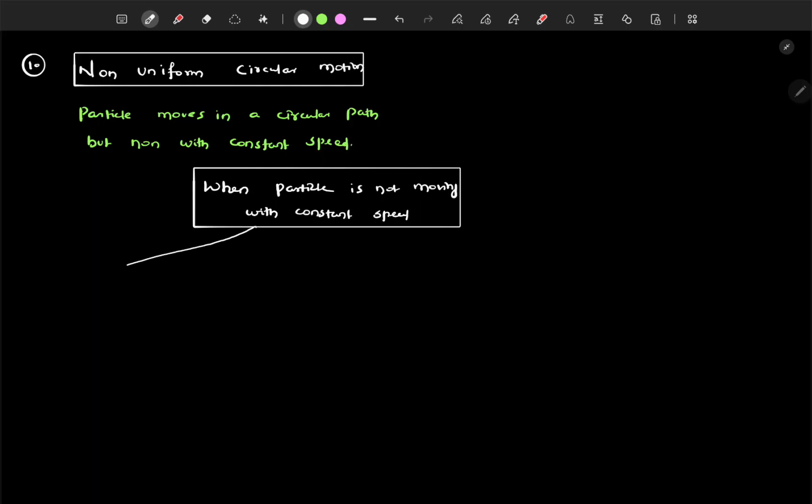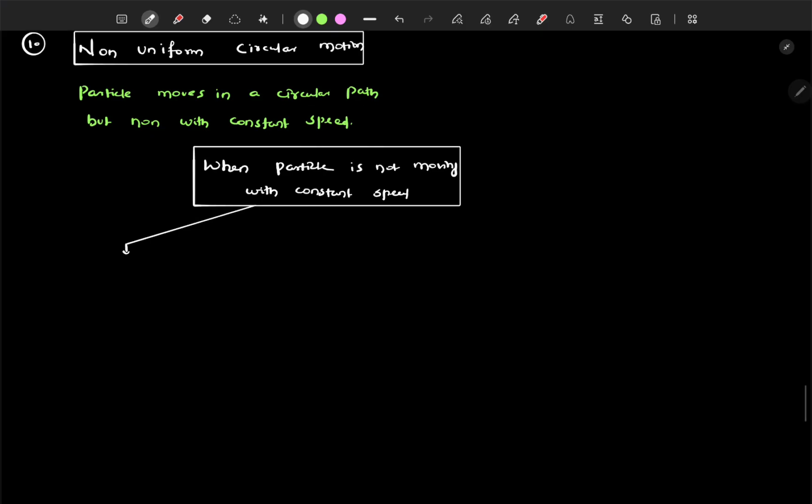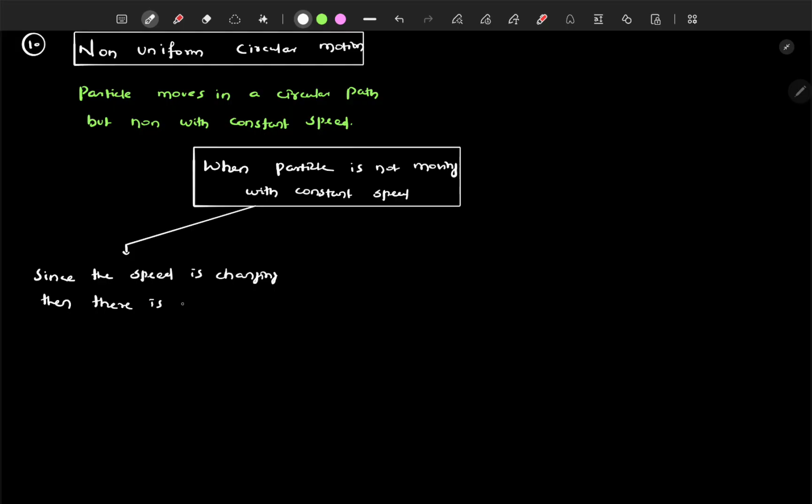So remember, in this situation we have to write: since the speed is changing, then there is a tangential component. Due to the change in speed, the acceleration we get, since speed is changing, that means velocity will also change, the resulting acceleration is called tangential acceleration.